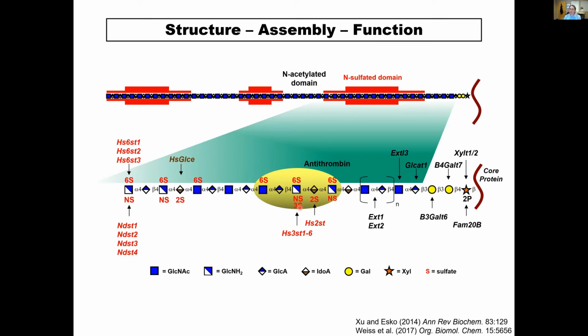And once antithrombin binds to heparan sulfate, this causes a conformational change in antithrombin, which then enhances its activity around 4,000-fold, to be able to inhibit blood coagulation factors. So as a result, heparin, which is an anticoagulant drug, works by binding to antithrombin in our bloodstream, activating antithrombin, and inhibiting the blood coagulation cascade.